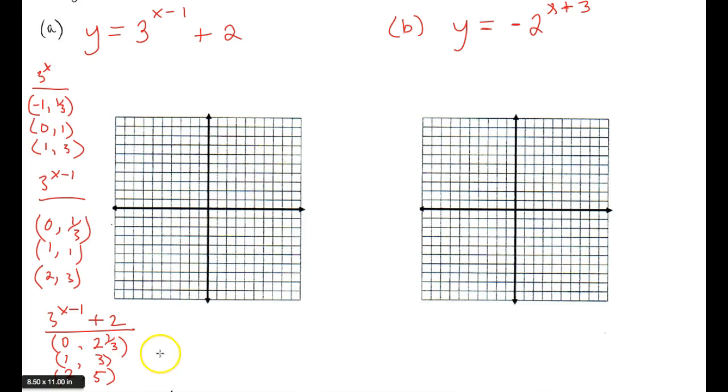We also know that our horizontal asymptote now has moved up to y equals 2. So here we'll just go ahead and make our horizontal asymptote.